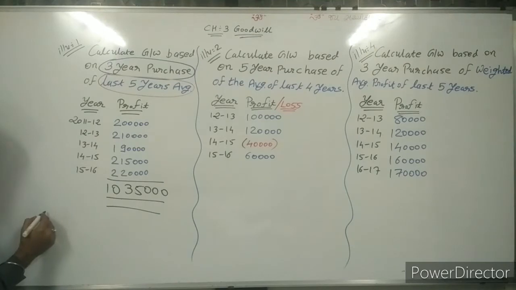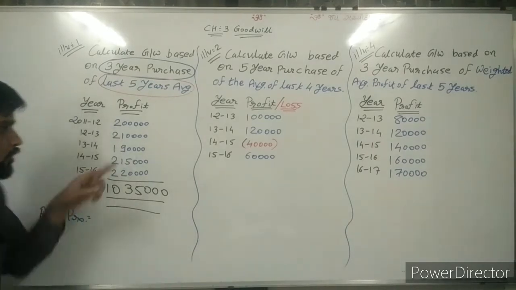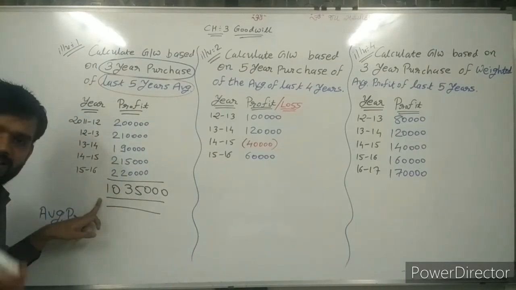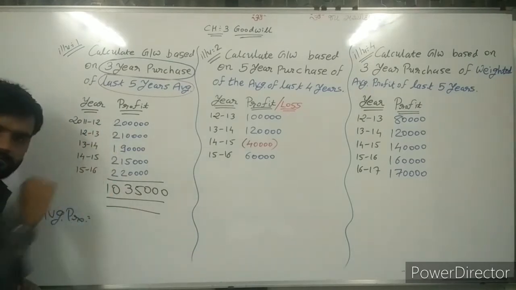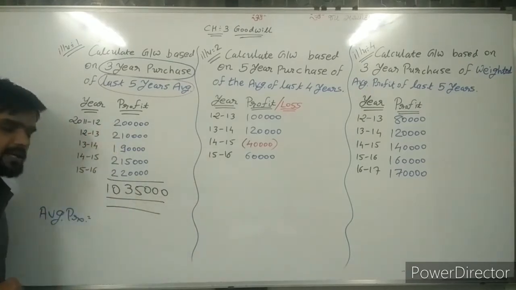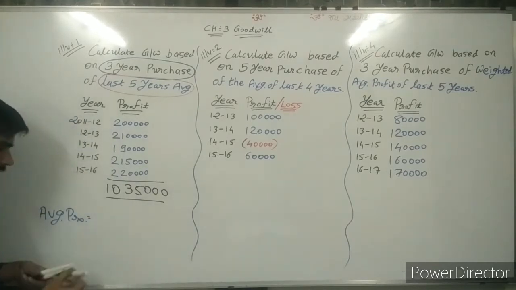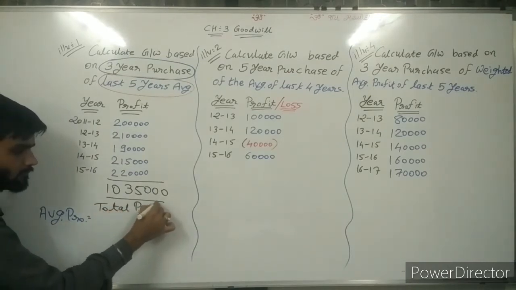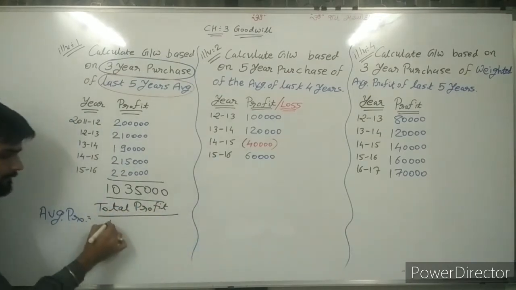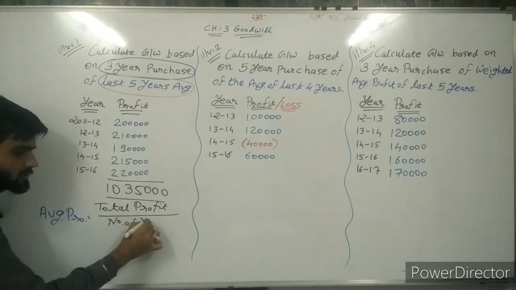So first of all, again we are finding average profit. So write down average profit. Now what is meant by average profit? All of you know, total profit divided by number of years. Sir, here 5 years are there and total profit is 10,35,000. So here I am writing total profit divided by number of years.